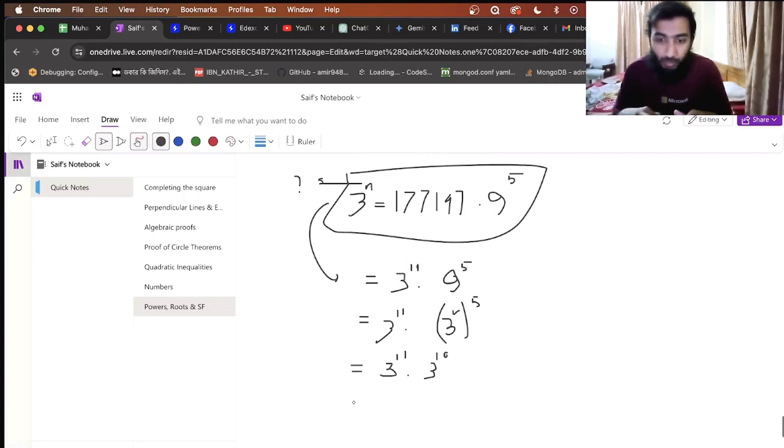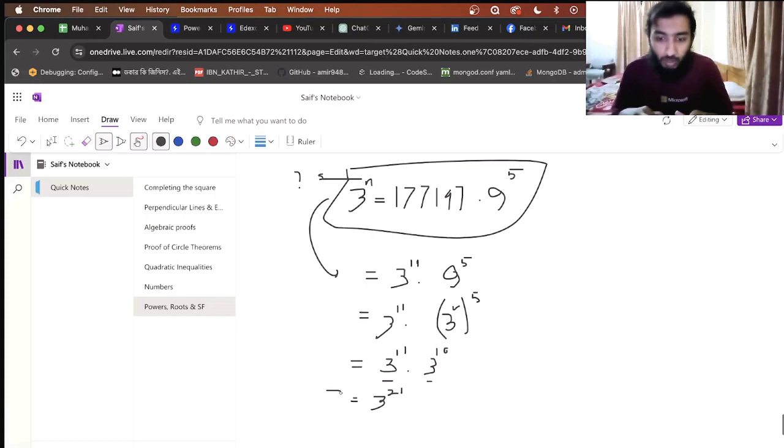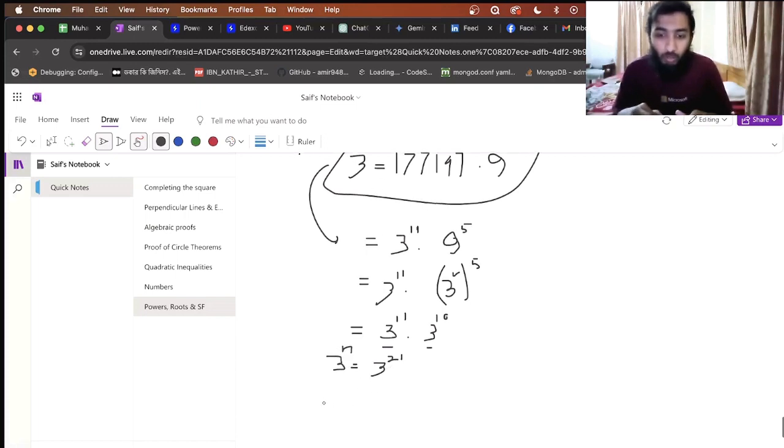Because the base is the same, 3, and it has powers 11 and 10, we can add those two powers. 11 and 10 give 21. So 3 to the power n equals 3 to the power 21. Because the base is the same, n is 21. So this is the value of n.